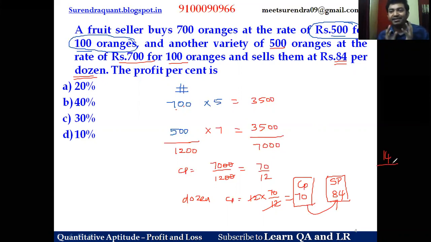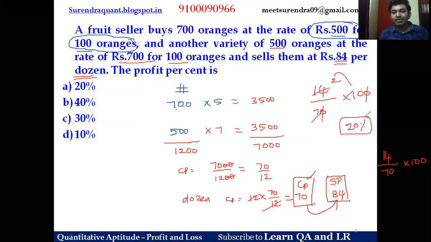14 rupees profit by the cost price of each dozen, 70 rupees. And to convert into percentage, into 100. So profit by cost price into 100. So 0 and 0 cancel. 7 goes 2 times. 2 tens are 20% is the profit. So why am I arguing in terms of dozens? Because if I talk in terms of one orange cost, you'll get decimals.